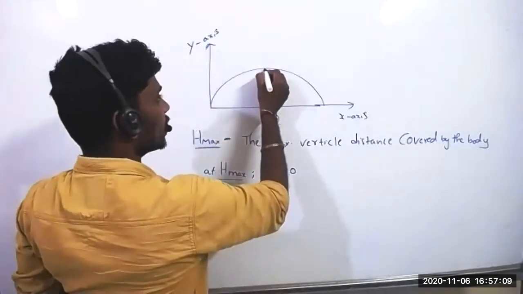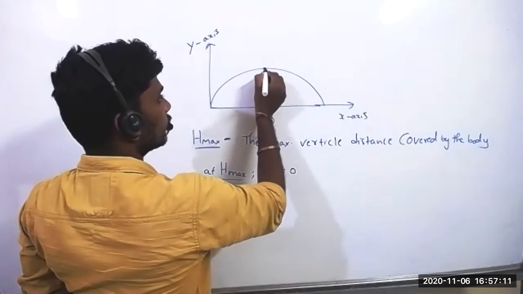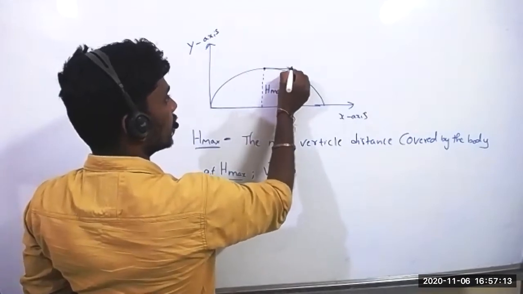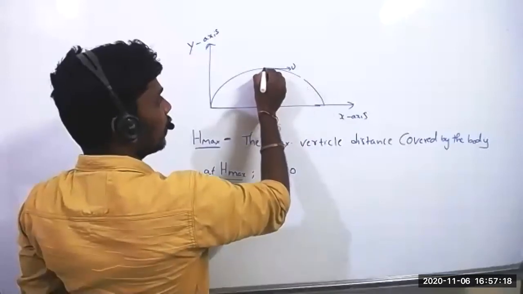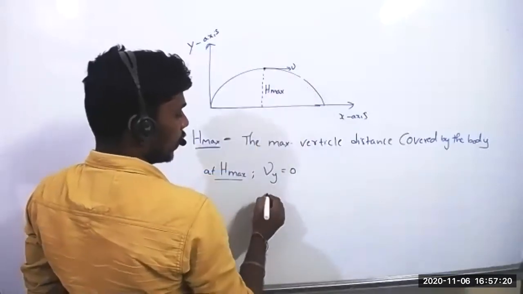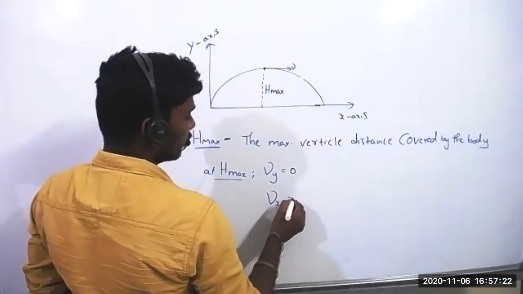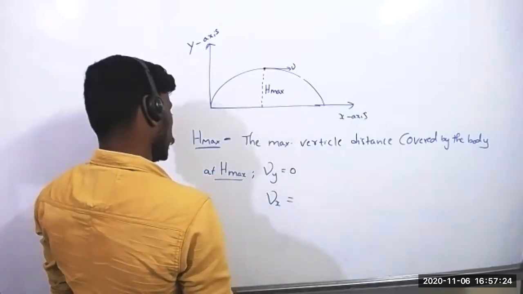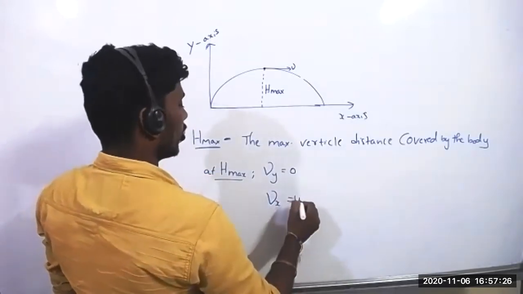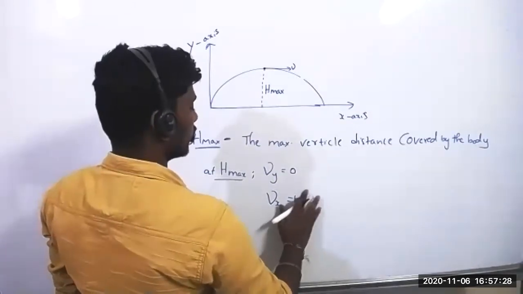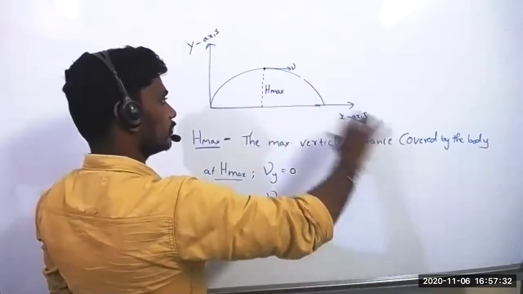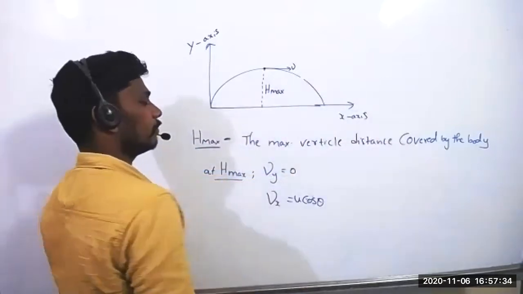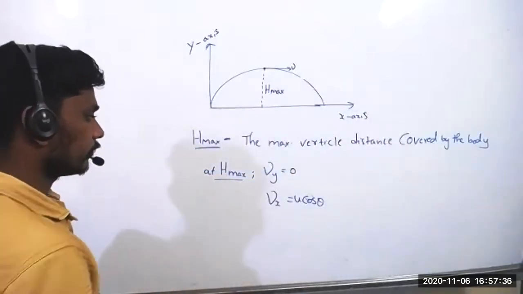Once a particle reaches here, horizontal direction velocity will be there, vertical direction will become 0. What is the horizontal velocity? U cos theta, because it won't change through the entire journey of this parabola. Okay, clear?